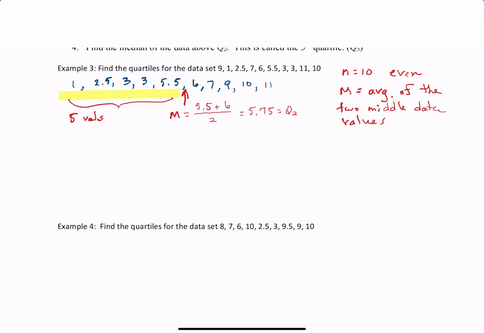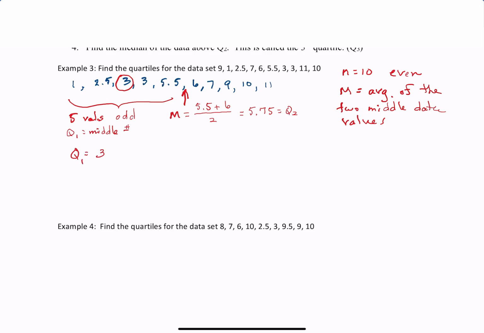So anyway, we have 5 values, and that's an odd number of values, so the median of those, which is our Q1, will just be the middle number. And the middle number there is this first 3. So Q1 is 3.